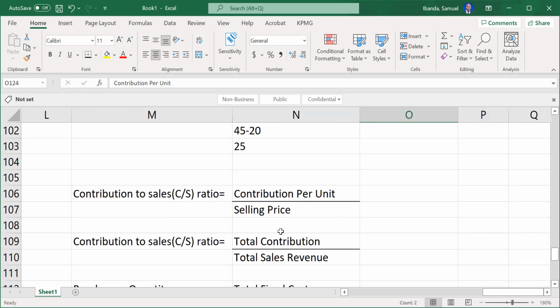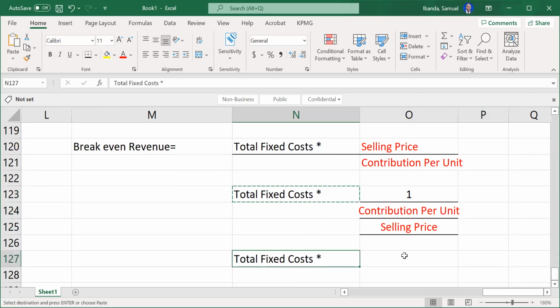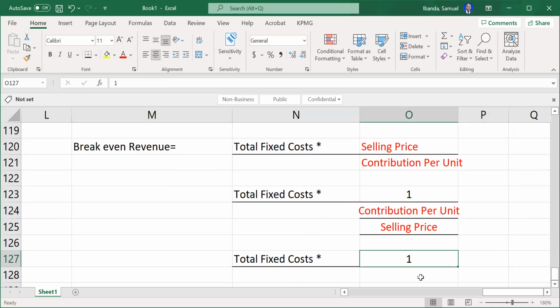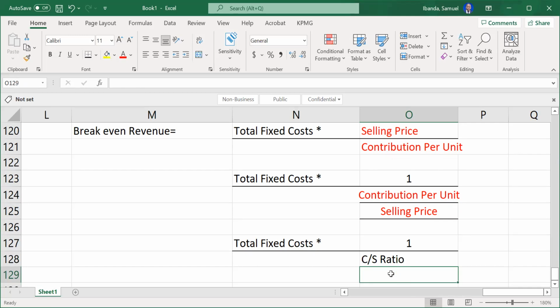So if contribution per unit divided by selling price is the same thing as CS ratio, wherever there is this, I'm going to replace it by what I call my CS ratio, the so-called contribution per sales ratio.